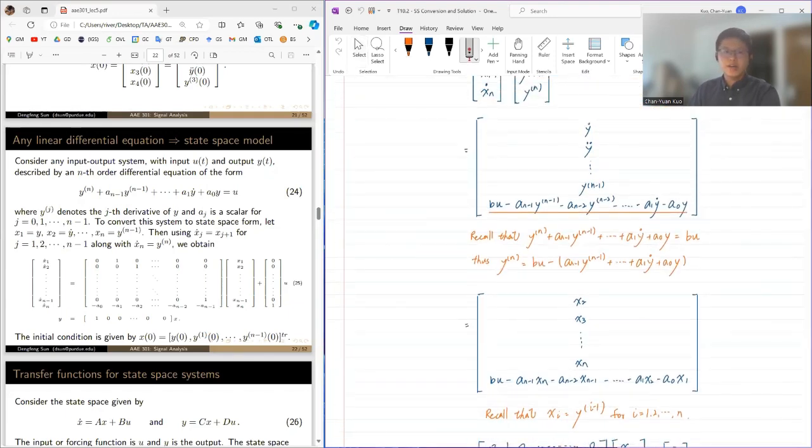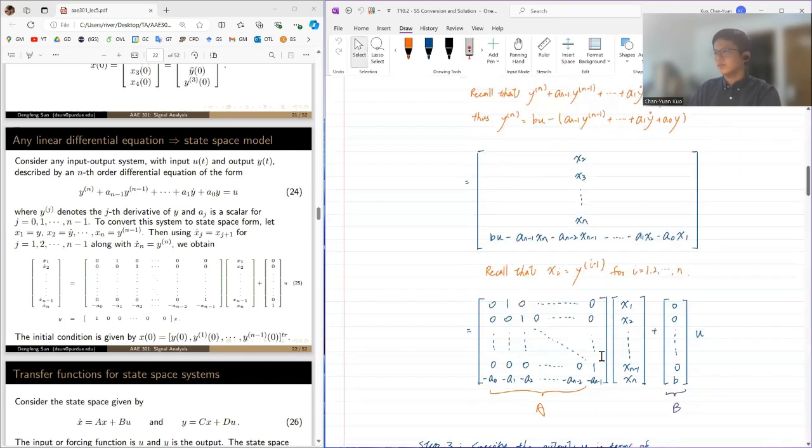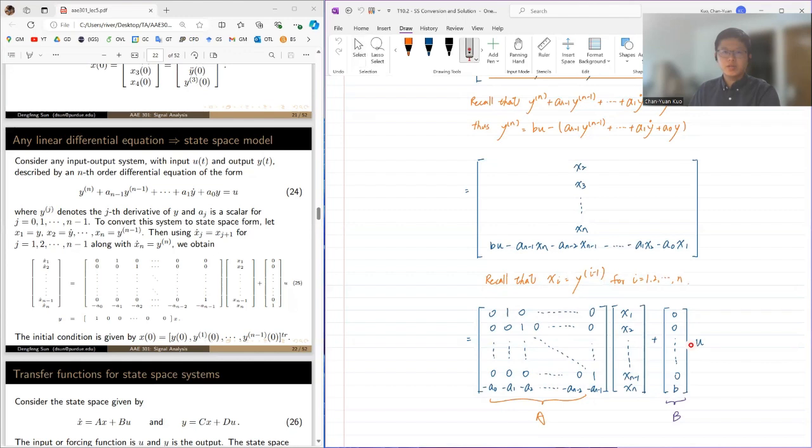Next, recall the definition of the state variables. We can replace y and its time derivatives with the state variables. Then, by introducing the state transition matrix A and the input matrix B shown here, we can further rewrite everything in a matrix vector form.